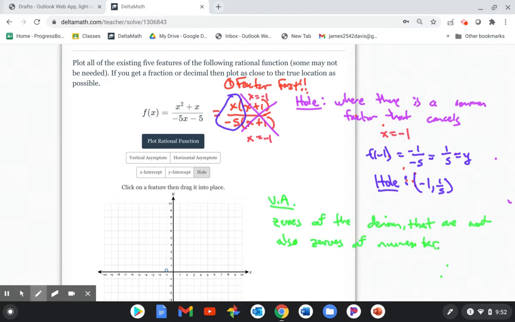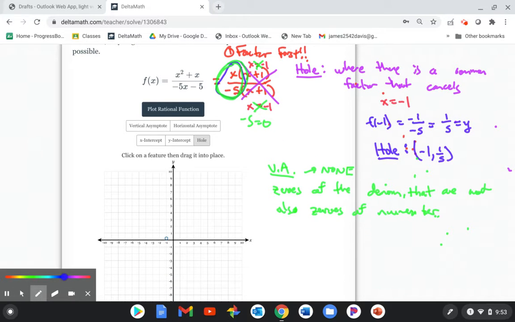So really all that's left over is just this part that I have circled here. And we have -5. So all we have is -5 equals 0, because this one canceled out with the top already. Well, that's nothing. That -5 can never equal 0. You have to have at least an x. So there's actually going to be none. Vertical asymptotes, there's going to be none in this case. But how you find them, again, is zeros of the denominator. And if you've already canceled, then you don't have to worry about if they're also zeros in the numerator. So there's going to be no vertical asymptote, so we don't need to apply anything for that.